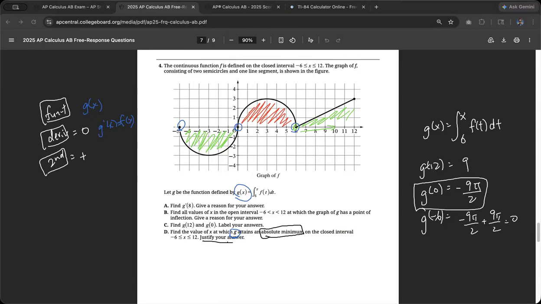And then we would plug those in. So g of -6, g of 0, and g of 6, right? This one is going to be a 0, and we have the answers for the other two already. Now, with that being said, our absolute minimum you can see right away is this one.